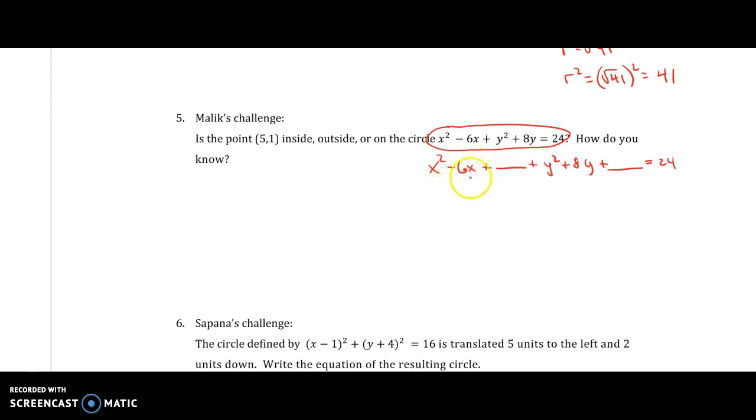Now, right away I see that -6 divided by 2, all squared, gives me 9. I'm going to add 9 over there. Then 8 divided by 2 is 4, squared is 16. I'm going to add that over here.